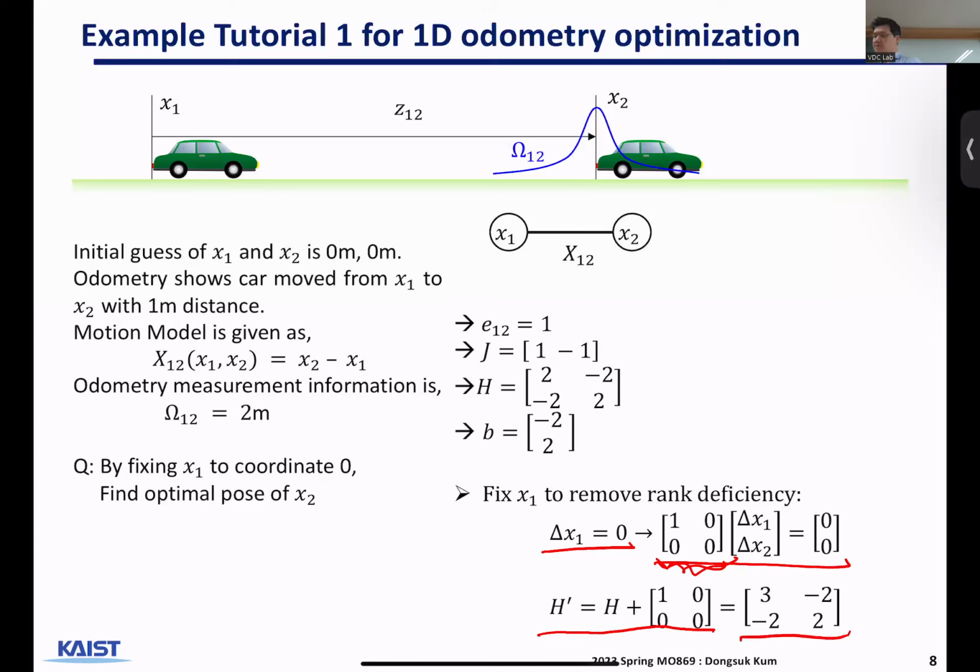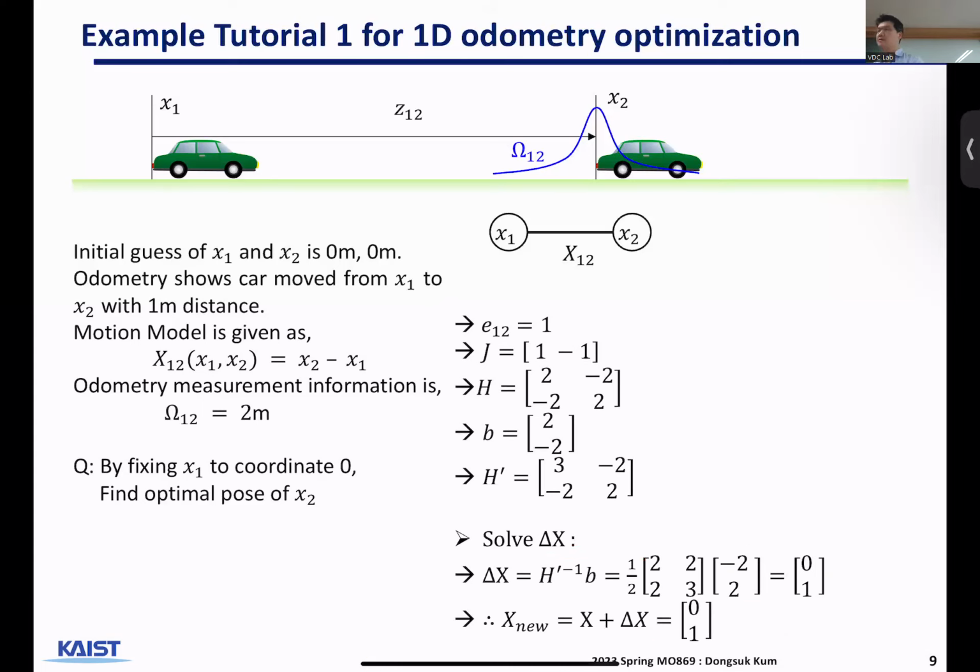And we get this matrix, which is the new H prime. And then let's solve for delta x, okay? Which is the direction and magnitude of where we should move in the next step of the optimization process. So del x is H prime inverse times B. So we have everything to compute that, and that's 0, 1.